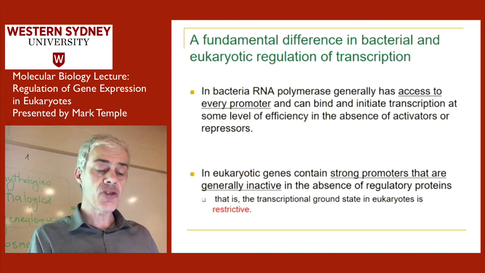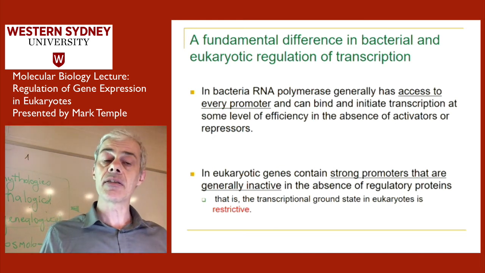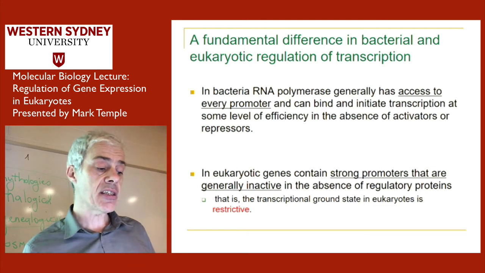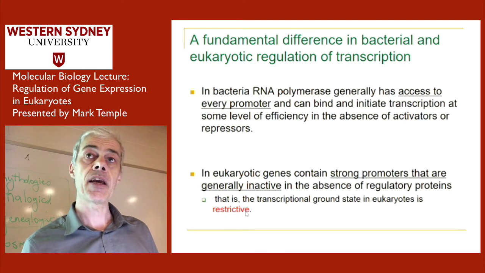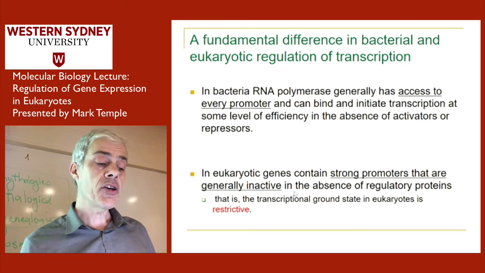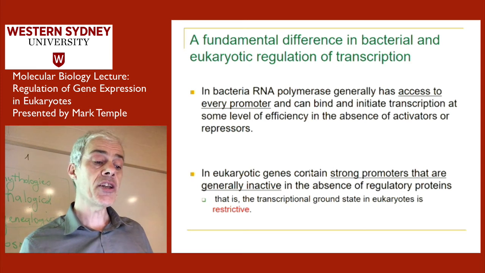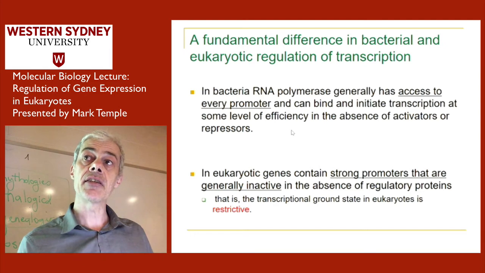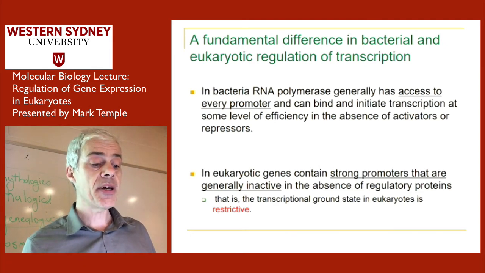In the absence of repressors and activators, eukaryotes are said to be restrictive. So genes are off in eukaryotes because of DNA packaging, whereas in prokaryotes we don't have DNA packaging, and the DNA is accessible for the RNA polymerase to bind to. So that's a big difference.